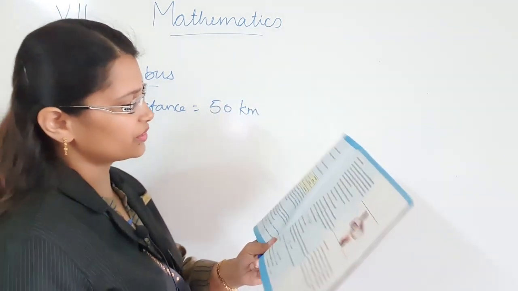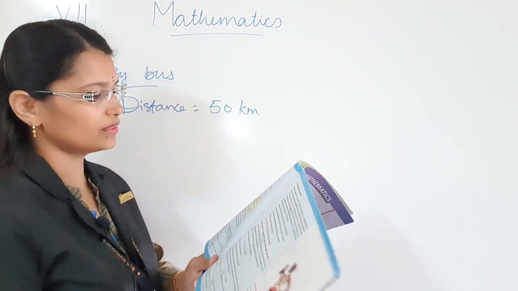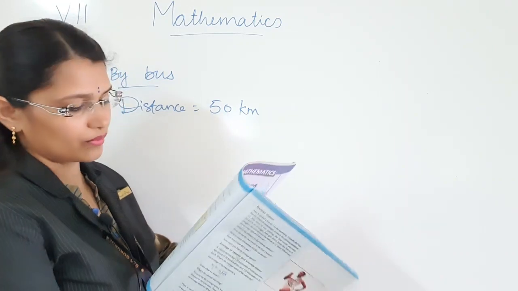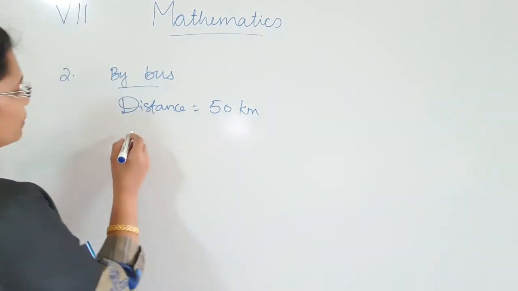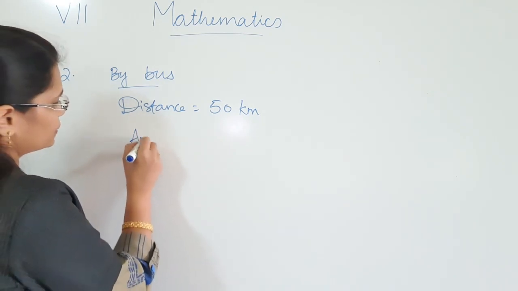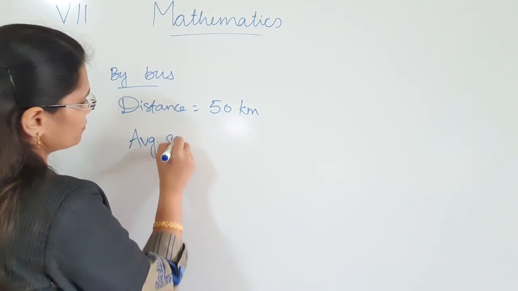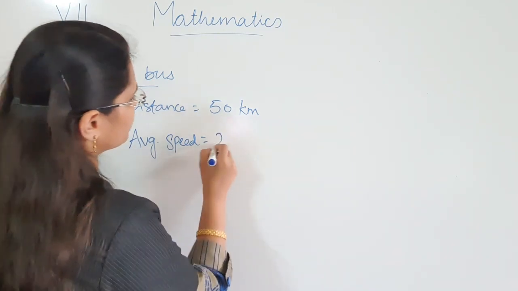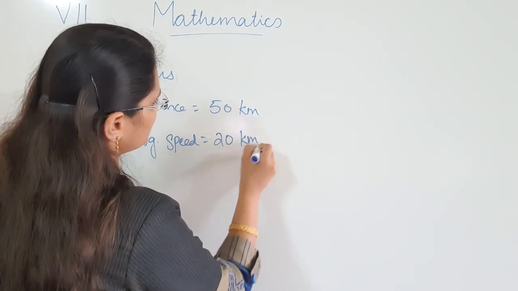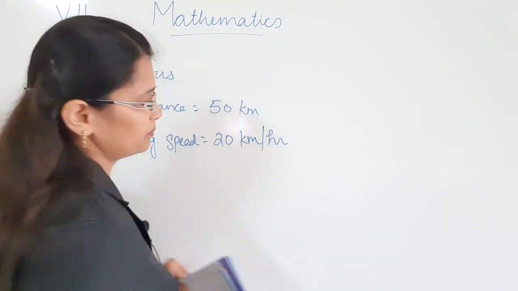And that is distance travelled is equal to 50 kilometers. And average speed of bus is 20 kilometer per hour. Average speed of the bus journey is equal to 20 kilometer per hour.